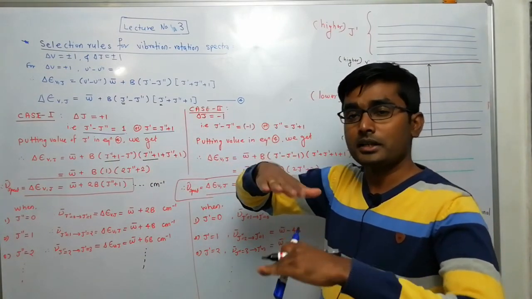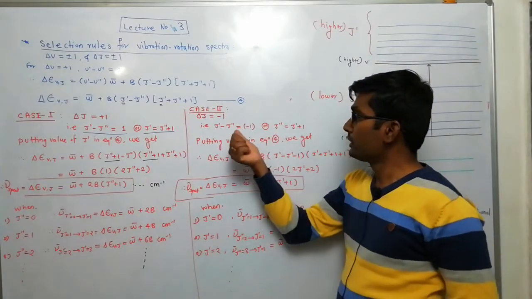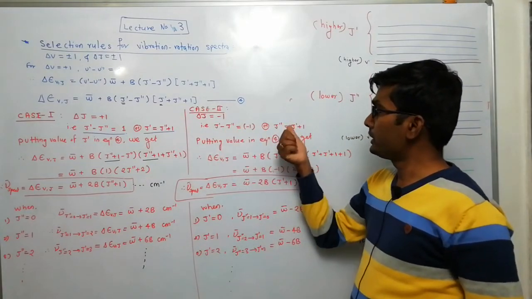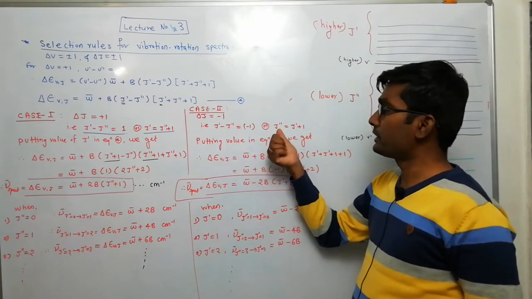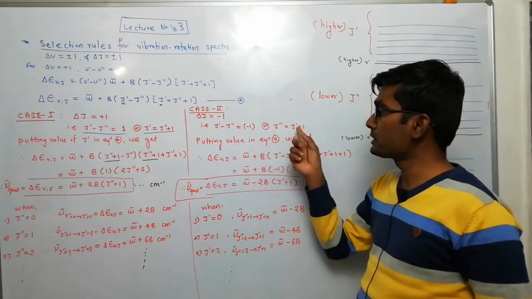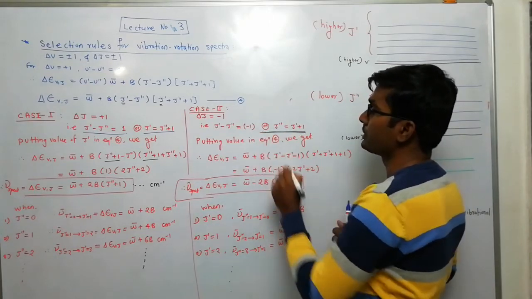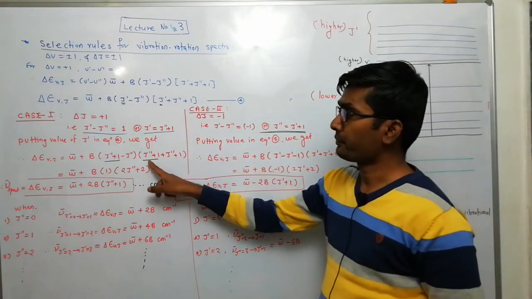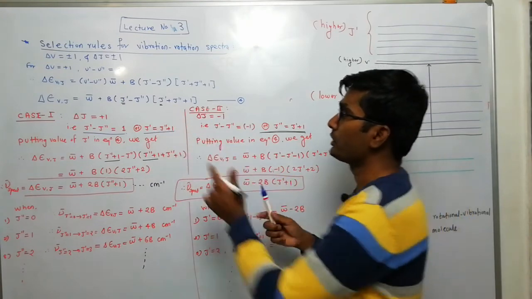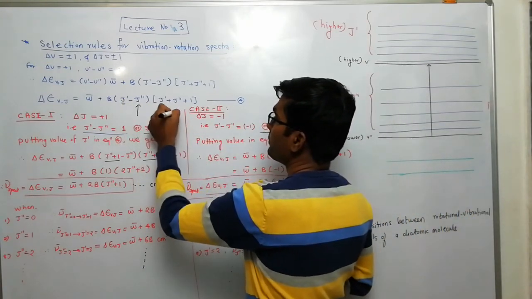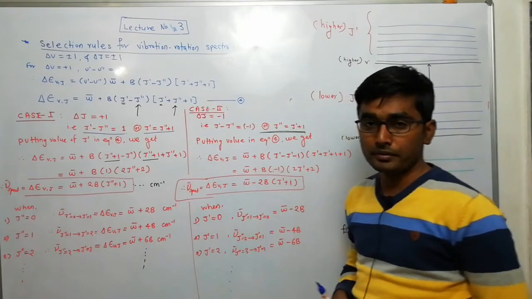Okay, how it is, I will explain to you. So now take this j prime to the right hand side, then we get j double prime is equal to j prime plus 1. Now what we will do, we will put this in equation 4 like this. Now you need to put the value of j double prime and simplify that.